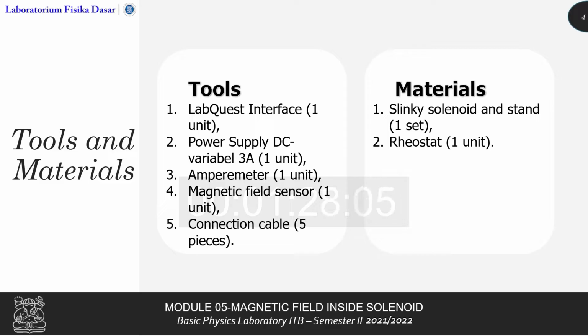There are a total of 7 tools and materials that will be used in this module. The first tool is the LabQuiz interface to act as a computer for this experiment.